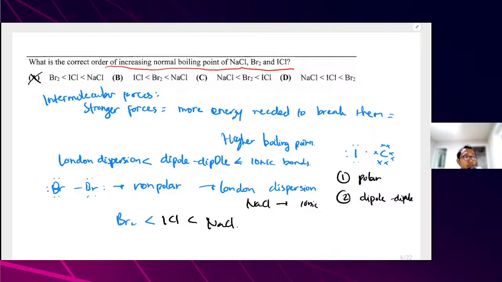And then dipole force, the attraction between polar molecules which have positive and negative ends, like a magnet. Another one is hydrogen bonding, which is the strongest one. And then another one is ionic bond, like plus and negative.